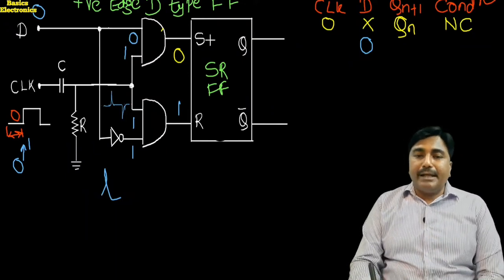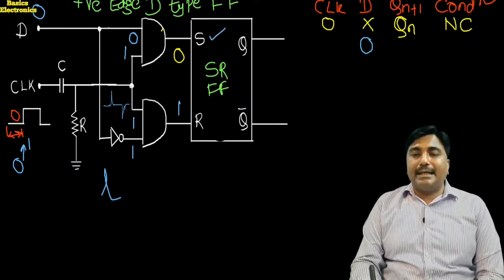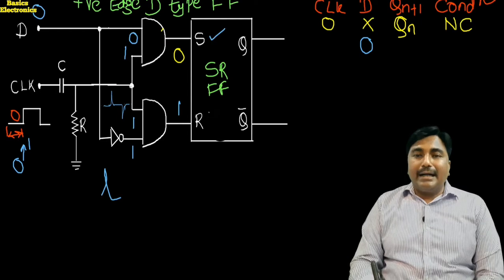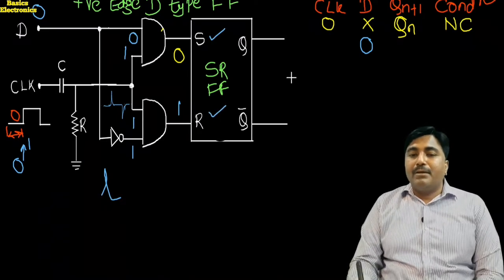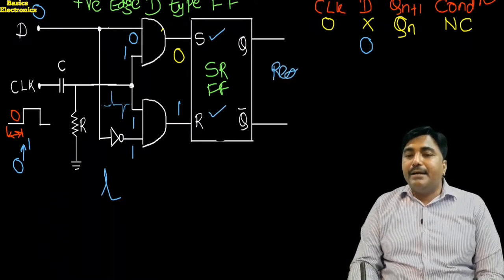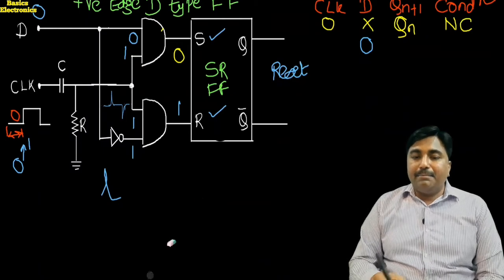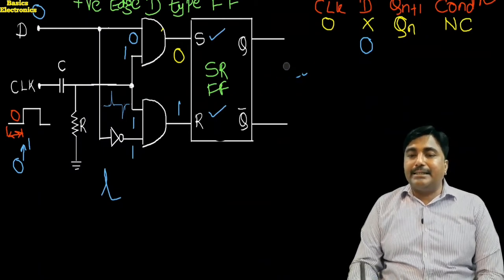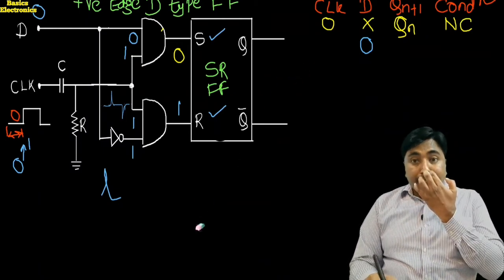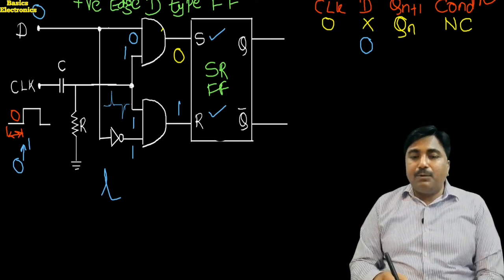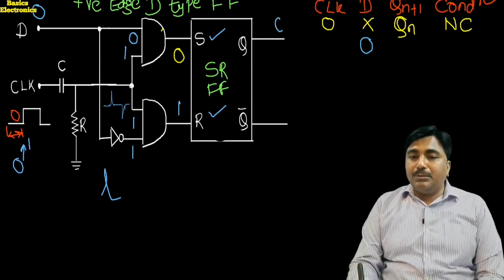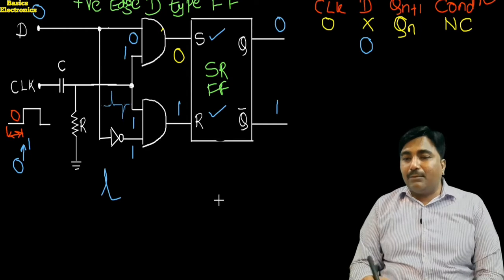Therefore the input for the flip-flop is S equal to 0 and R equal to 1. The flip-flop goes into the reset condition and produces the output Q equal to 0 and Q bar equal to 1.